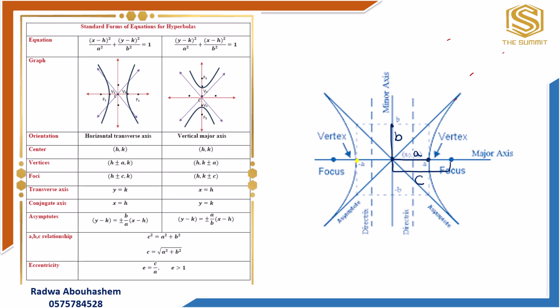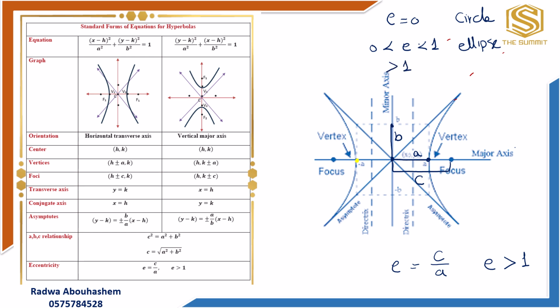You remember the rule for eccentricity? Eccentricity e equals c over a. For a hyperbola, e should all the time be greater than 1. Remember, e equals 0 is a circle. Between 0 and 1, it's an ellipse. Greater than 1, it's a hyperbola.